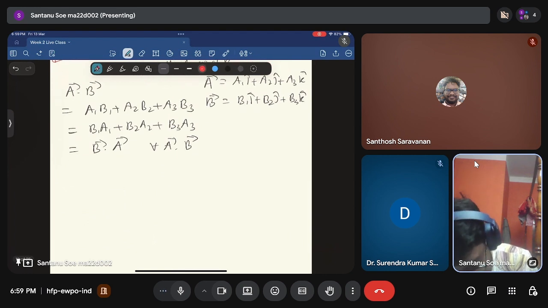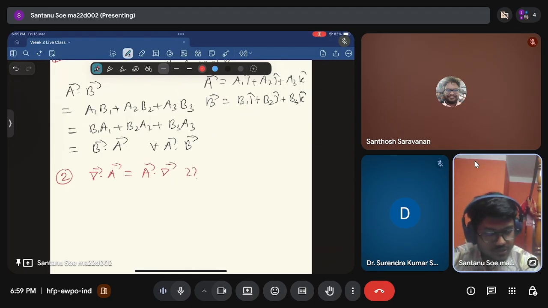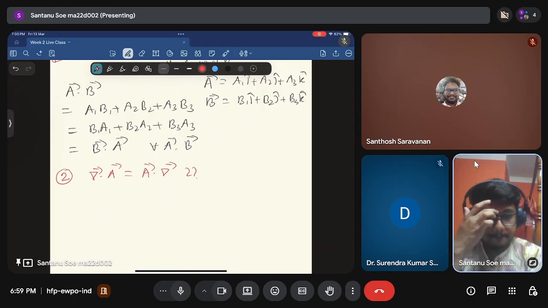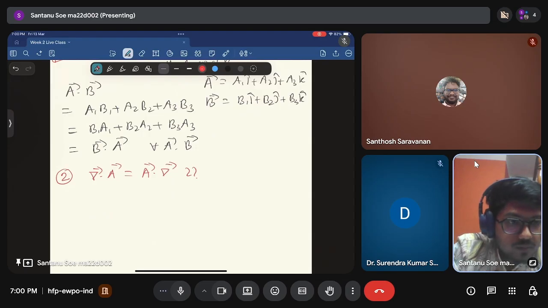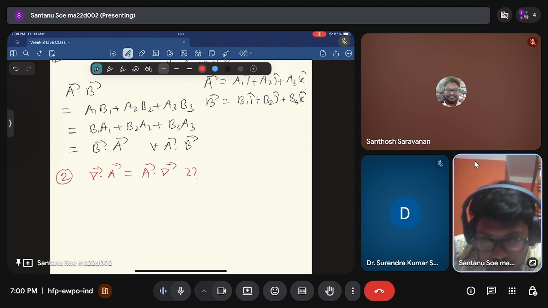Now what about this one? Is this true for every A? Here this nabla is just the gradient operator. Is this true for every A and this gradient operator?